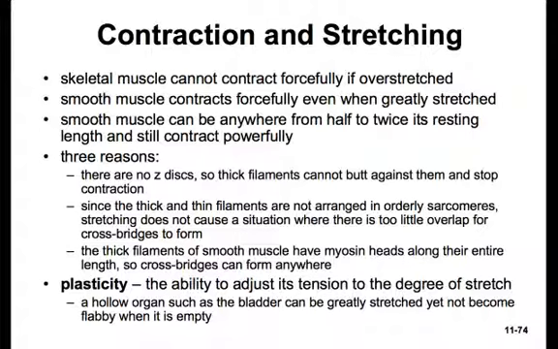And since the thick and thin filaments are not arranged in orderly sarcomeres, the stretching does not cause a situation where there's too little overlap for the cross bridges to form. The thick filaments of smooth muscle also have myosin heads along their entire length, so cross bridges can form anywhere.